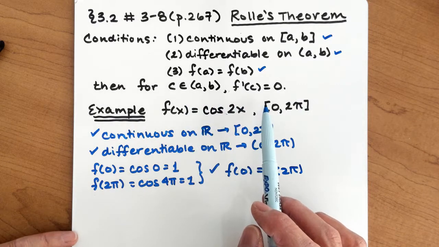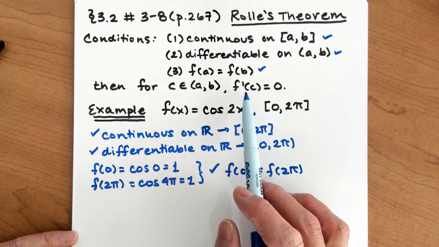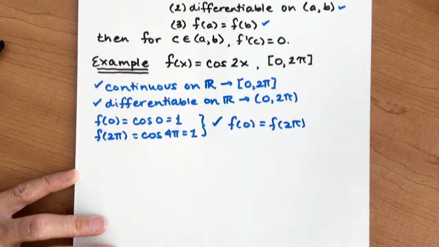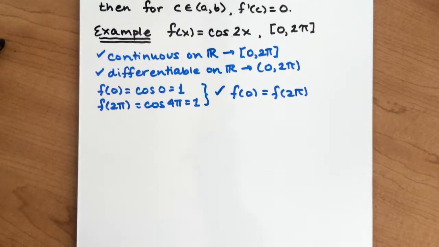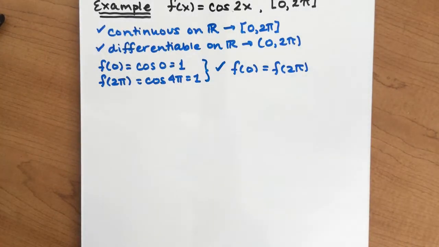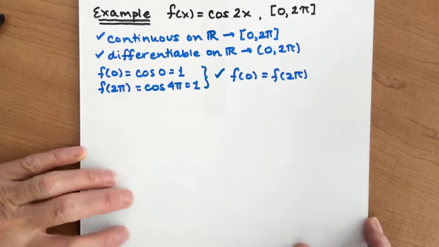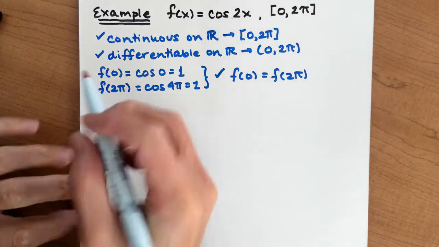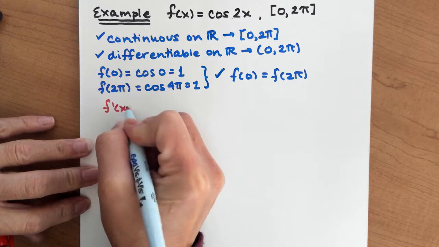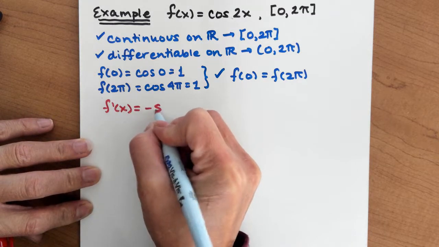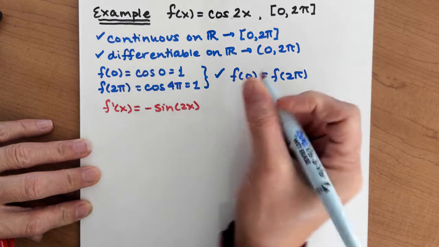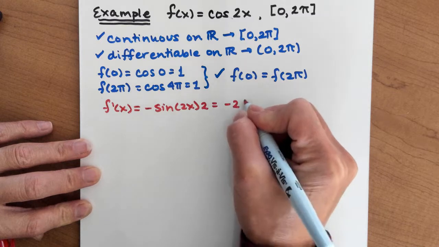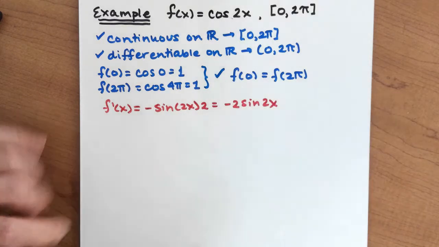There could be more than one answer where the derivative equals 0 between 0 and 2 pi. All right, so first let's take the derivative of cosine 2x. The derivative of cosine 2x is negative sine 2x times the derivative of 2x, which is 2, or negative 2 sine 2x.